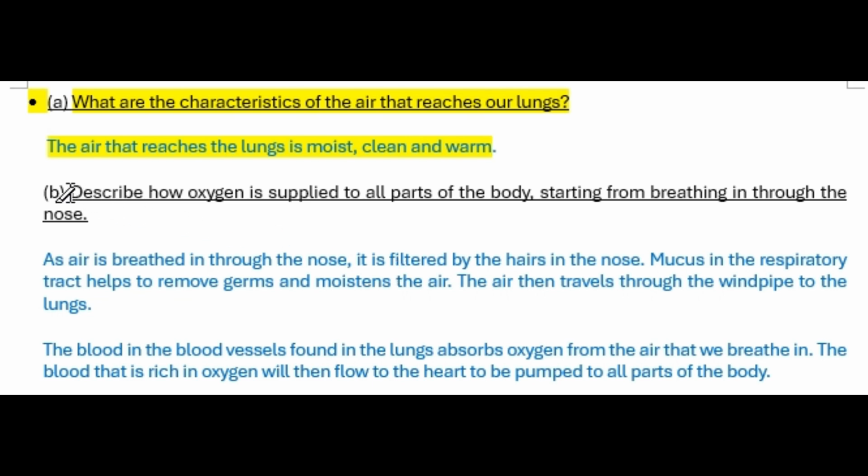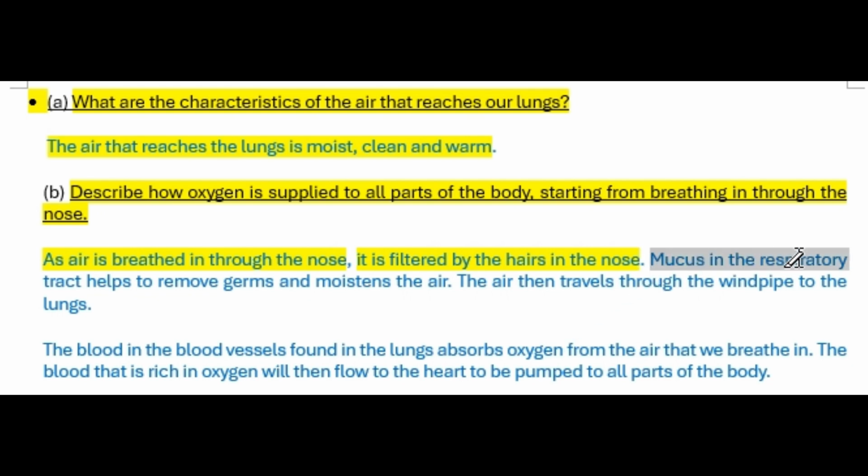B. Describe how oxygen is supplied to all parts of the body, starting from breathing in through the nose. As air is breathed in through the nose, it is filtered by the hairs in the nose. Mucus in the respiratory tract helps to remove germs and moistens the air.